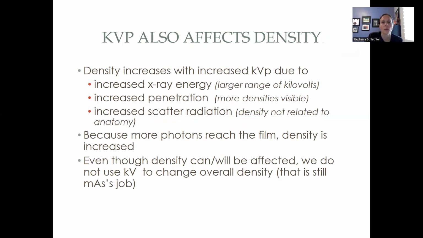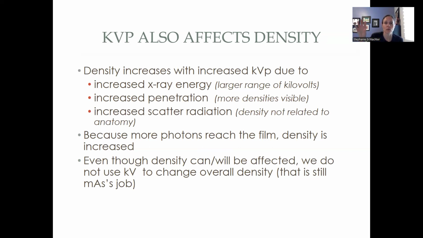Okay. So when we're talking about kVp and density, we know that density will increase with an increase in kVp, which makes sense, right? If we have stronger x-rays, more get through our patient, that means more are going to hit that recording surface or that cassette, and the image is going to get darker.